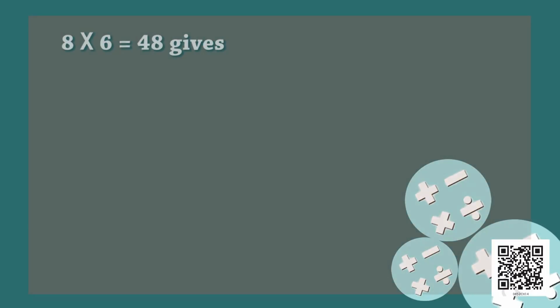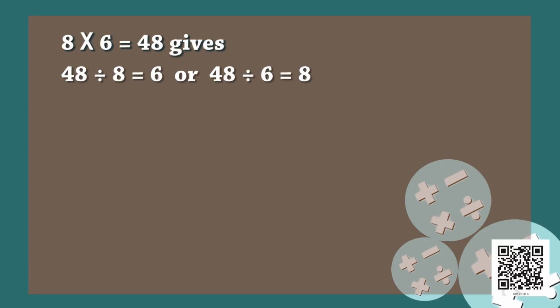We recall that division is an inverse process of multiplication. Hence, in numbers, if you consider this example as follows: 8 into 6 is equal to 48. This gives 48 divided by 8 is equal to 6, or 48 divided by 6 is equal to 8.